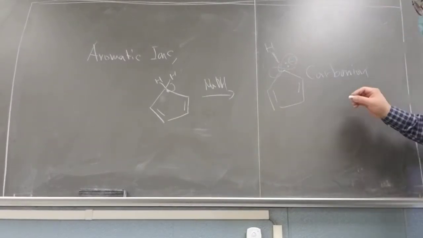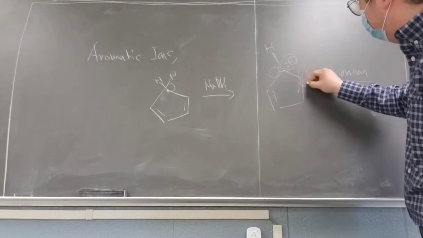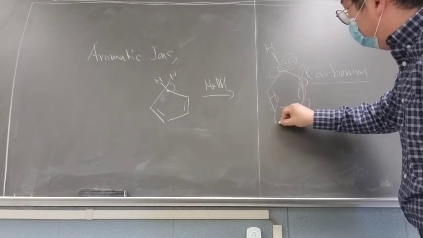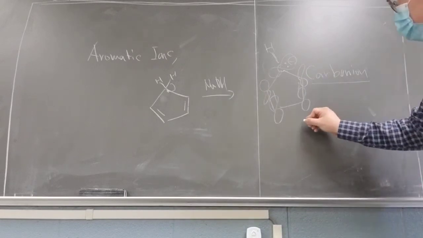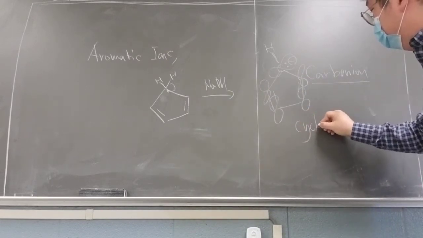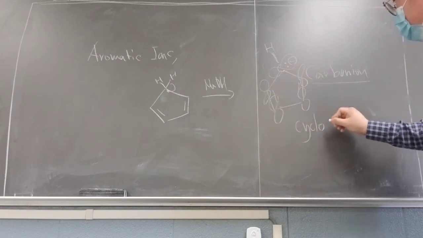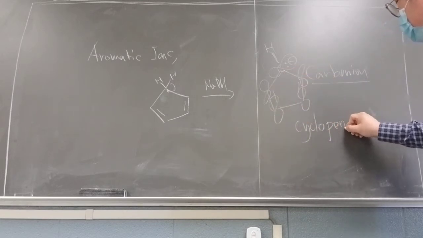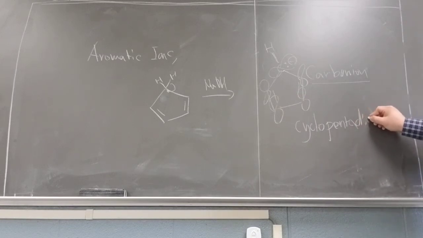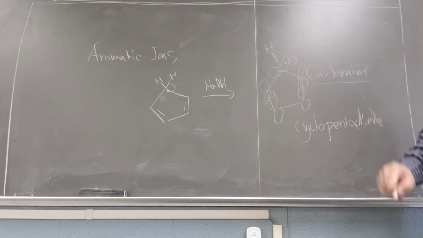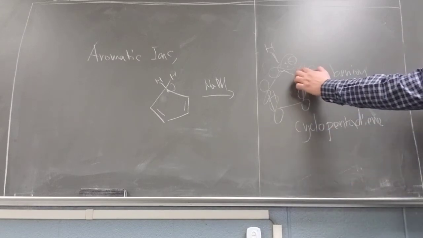In this case, we're going to call this cyclopenta, with 2 double bonds, penta-di, but it has an ionic form because of the negative charge here.